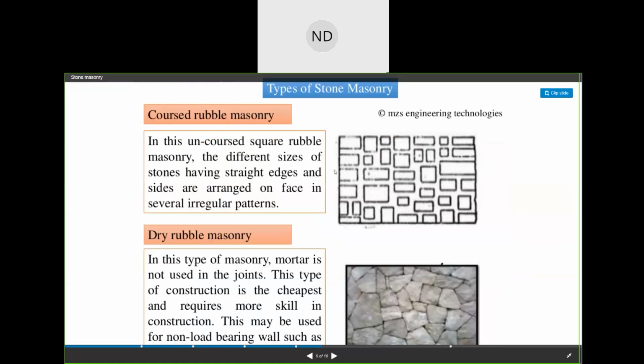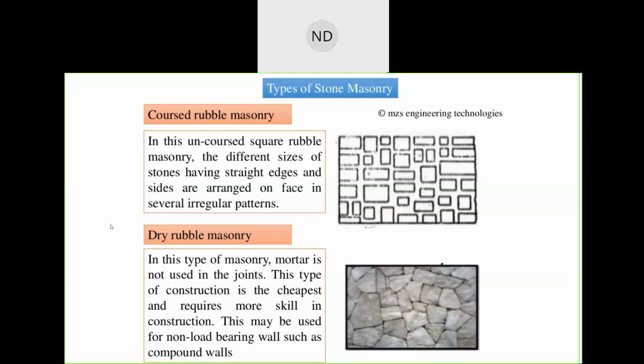Next one is our uncoursed. In the coursed, you had a straight finish, but here, this will be uncoursed. You see there is no straight line here. It is not in a straight line, right?